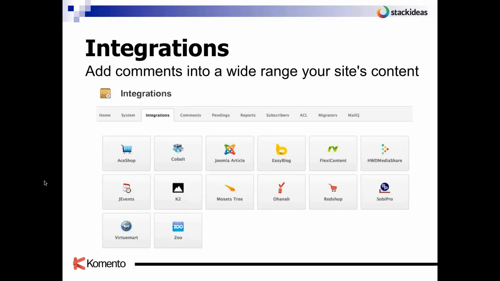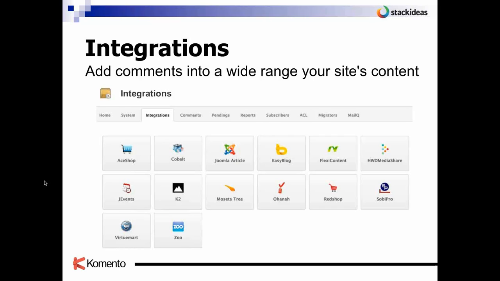A few examples of the components that we support right out of the box are EasyBlog, which is definitely there because it's our product. We have Flexi Content. We have the famous Event Ohana. We have K2. We have Zoo. We have Virtuemart.